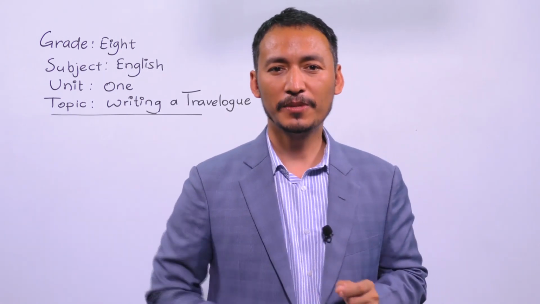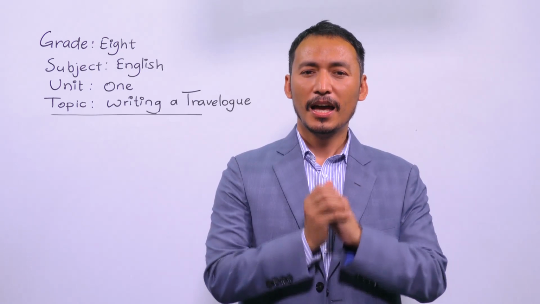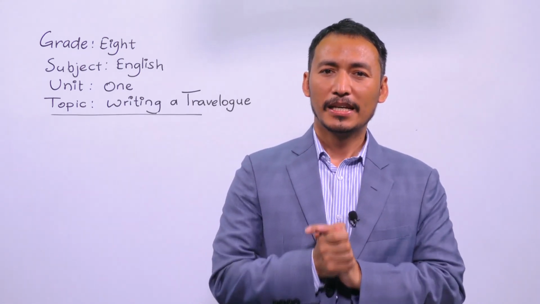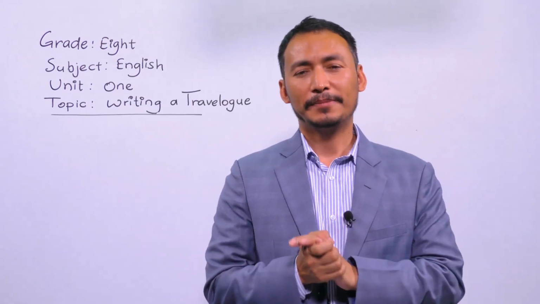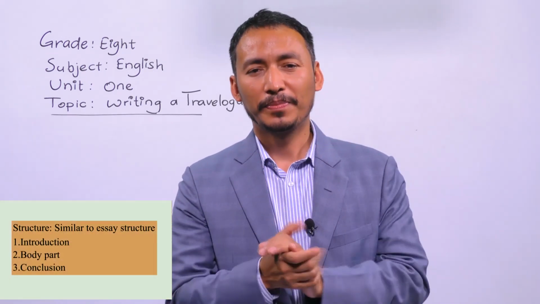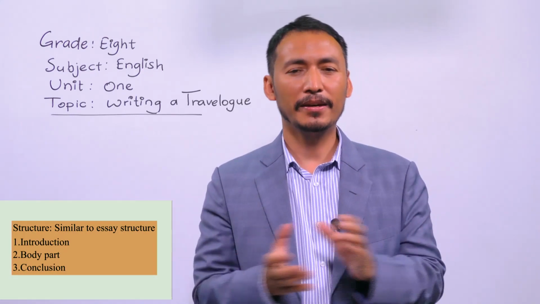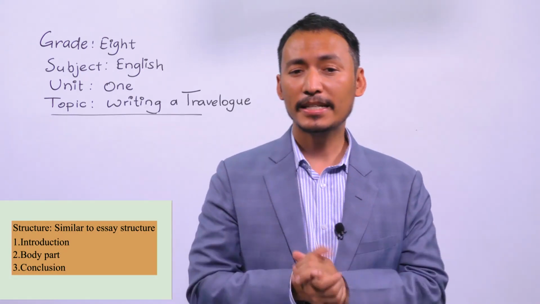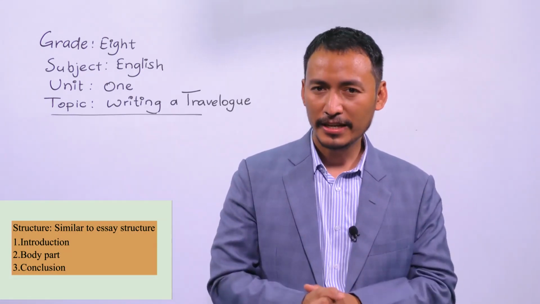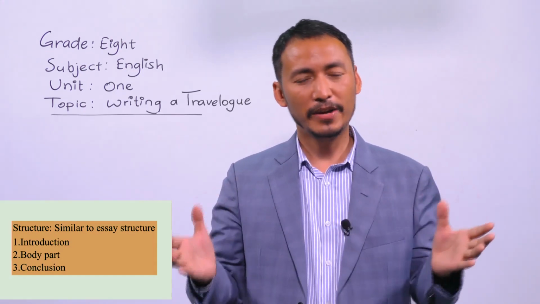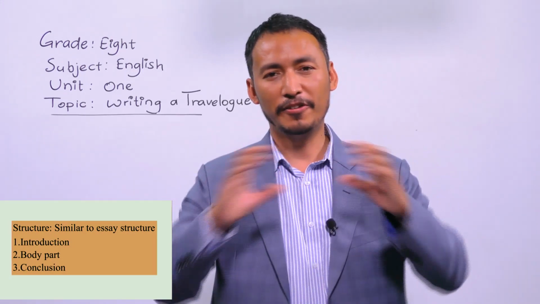Okay, let's move to the structure here. In the structure, you are going to use the essay format. There is an introduction in the beginning, a body part in the middle and a conclusion in the end. As you write in an essay, you give an introduction, right?